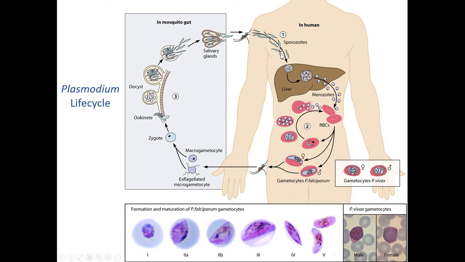These will then enter the liver and go through various life cycle stages where they take different morphological and other forms throughout their life cycle in the human body, and then different forms yet once they're back in the mosquito.